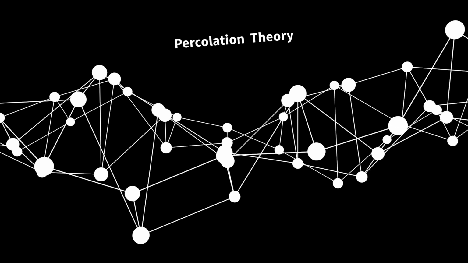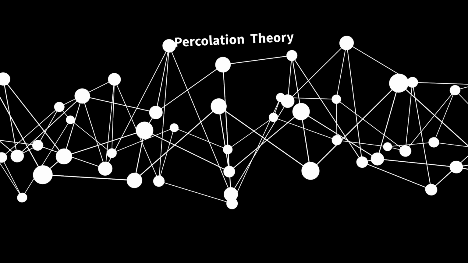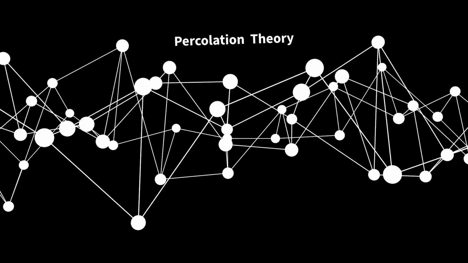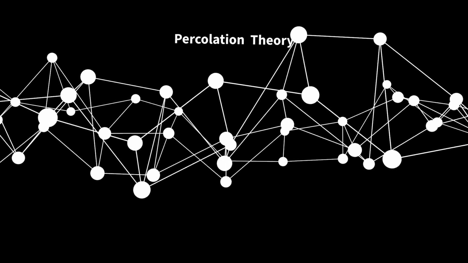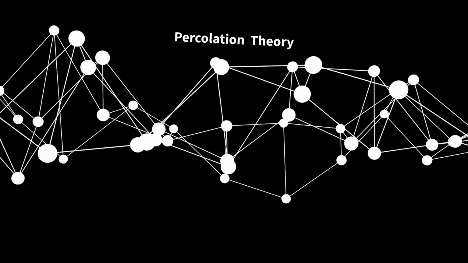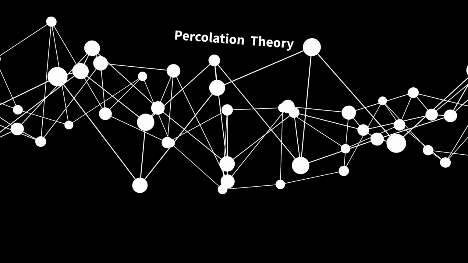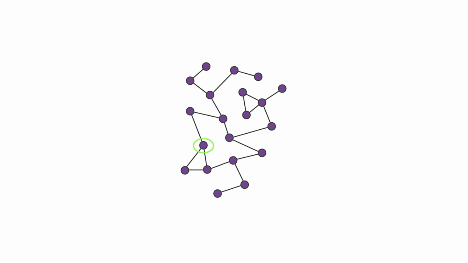To measure robustness, scientists often use percolation theory, a branch of statistical physics that studies how things spread or break across networks. Here's the idea. Imagine a network where each node is randomly removed with a probability p. At first, the network stays mostly connected, but as p increases, we hit a critical threshold p_c beyond which the network suddenly fragments.